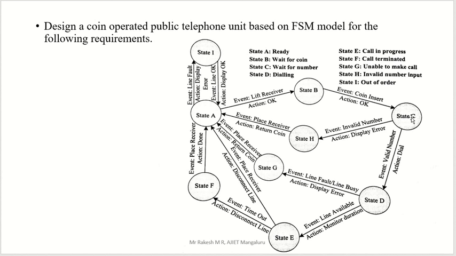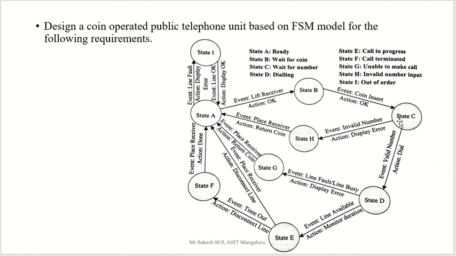So now that means you have to press the numbers. Yes, now you are going to press the numbers. Now here, what is the next state? C state is wait for a number. Now you have to start entering the number. What is state D?